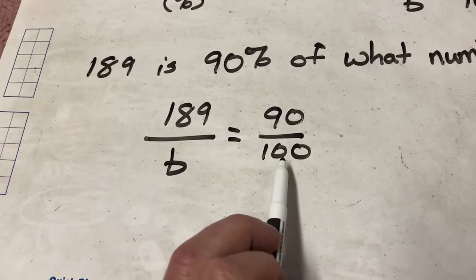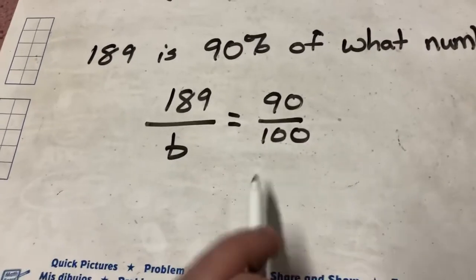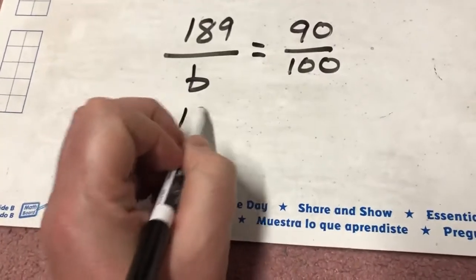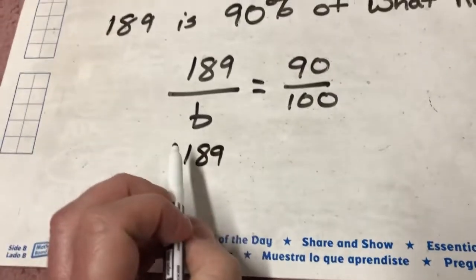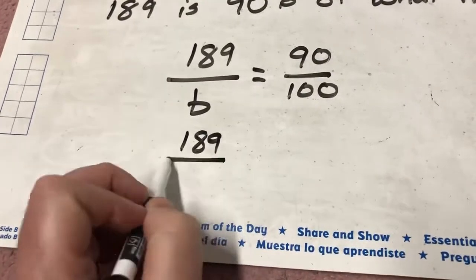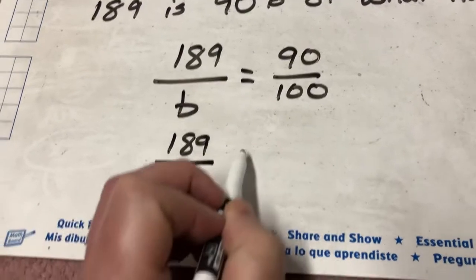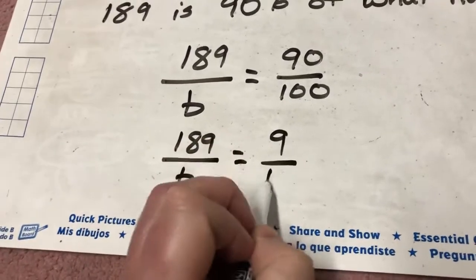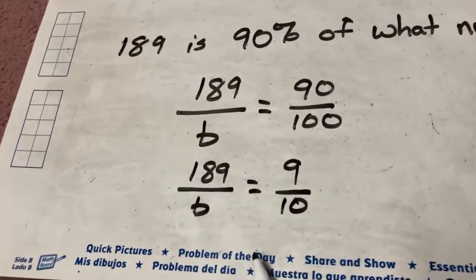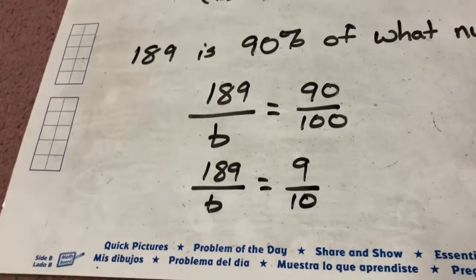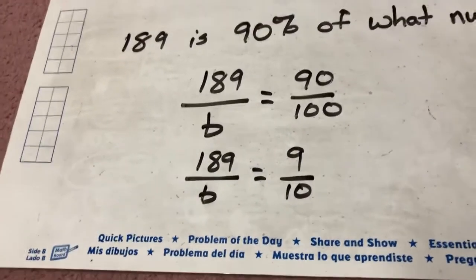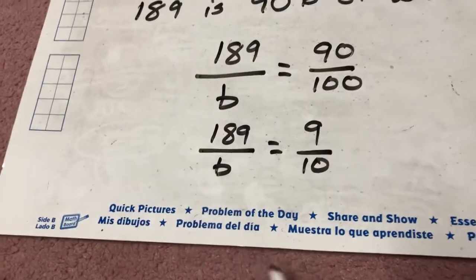These are both divisible by 10, so I can divide them both by 10 and set up a simpler equation: 189 over B equals 9 over 10. Even when we can use our calculator, smaller numbers are better. The fewer numbers we're pressing, the less likely we are to make a mistake.